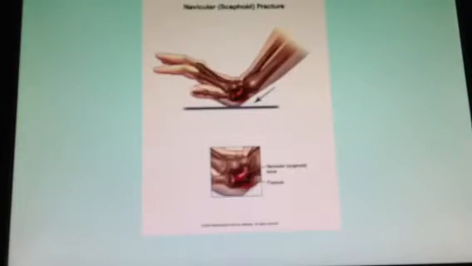The most commonly injured carpal bone is the scaphoid. This type of injury usually occurs when the bone is compressed against the radius during direct contact with the palm of the hand. This occurs from a fall, placing the hand first and putting body's weight over it.